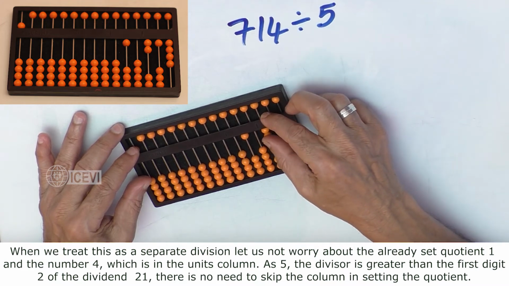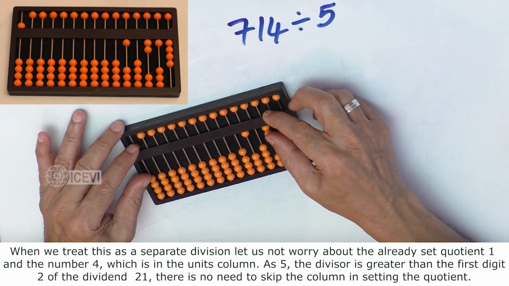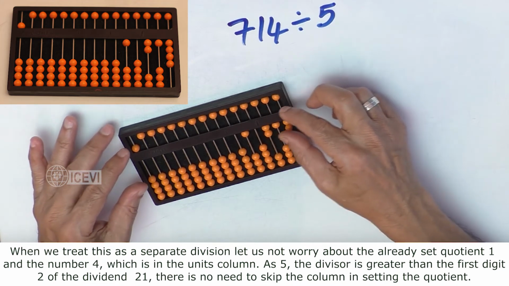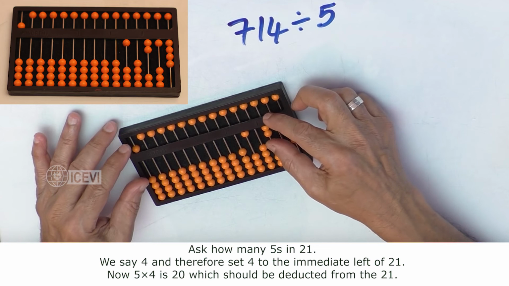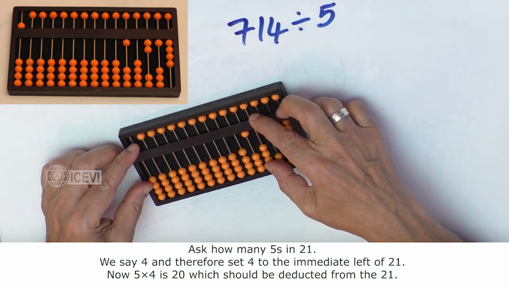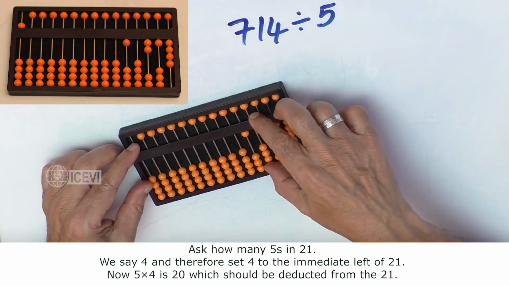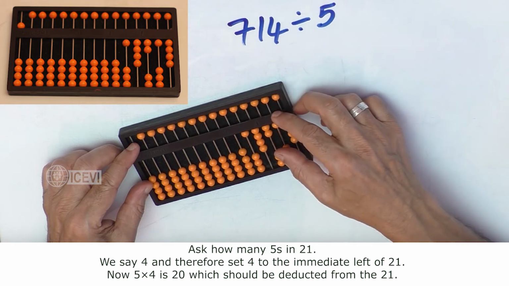As 5, the divisor, is greater than the first digit 2 of the dividend 21, there is no need to skip the column in setting the quotient. Ask how many 5s in 21? We say 4, and therefore the 4 should be set to the immediate left of 21.